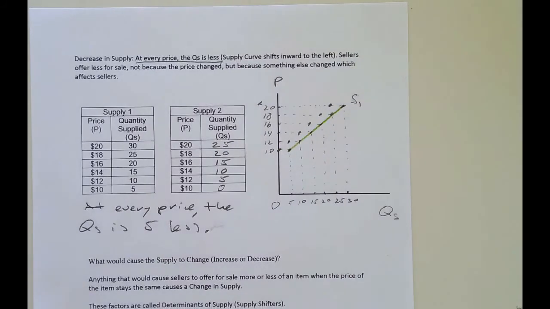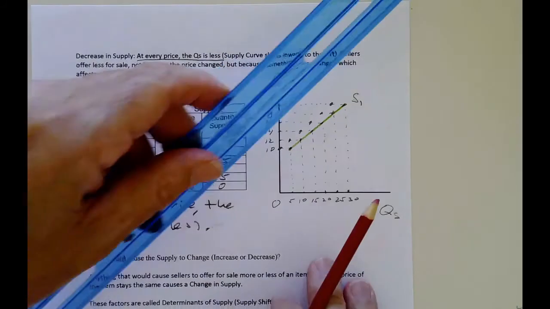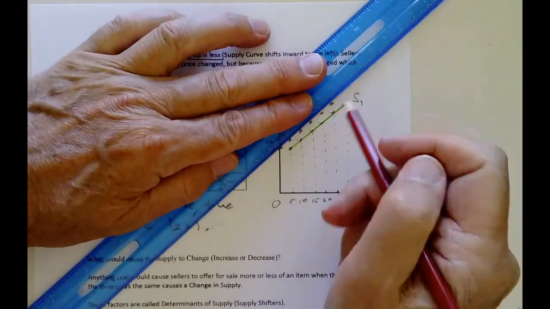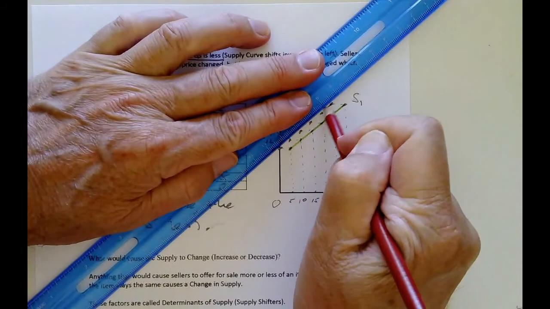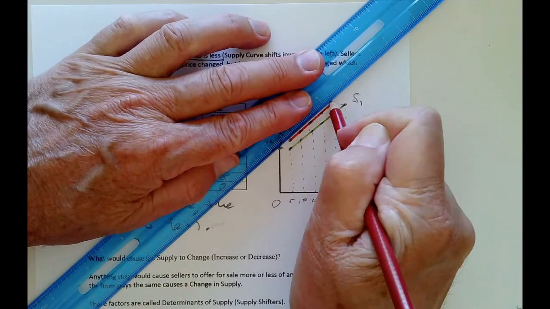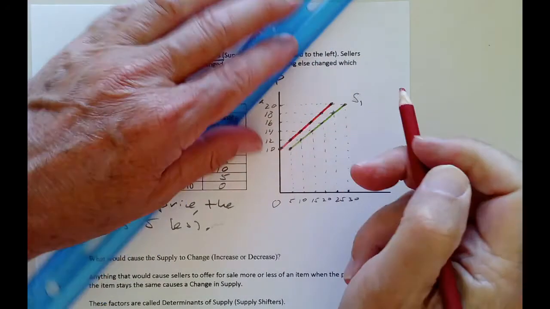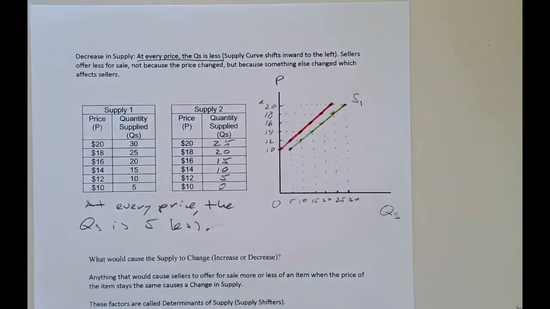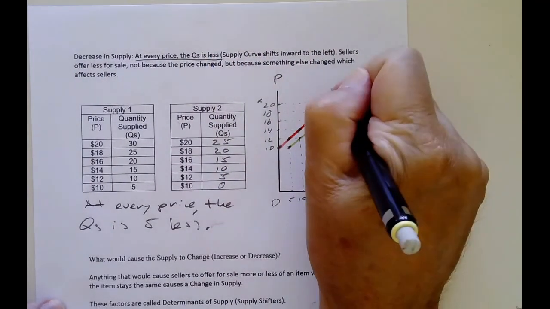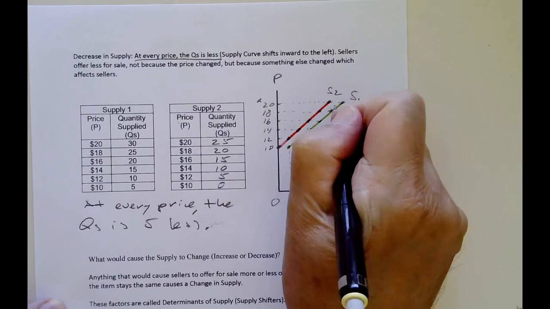At those points, we have supply S2 this time, which is moving inward to the left.